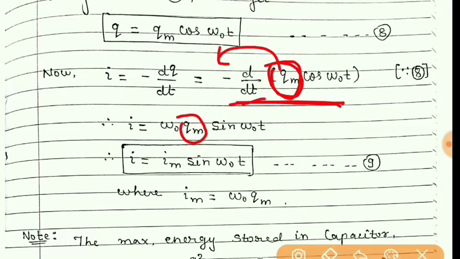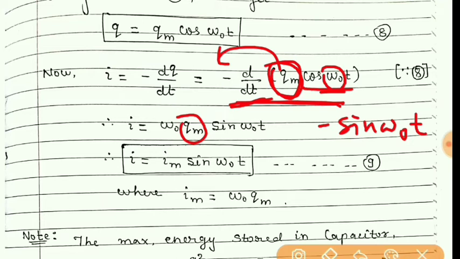And what remains now? d by dt of cos omega t, and d by dt of cos omega t is minus sine omega naught t, and as this is a constant term, we know that during differentiation we have to multiply it.